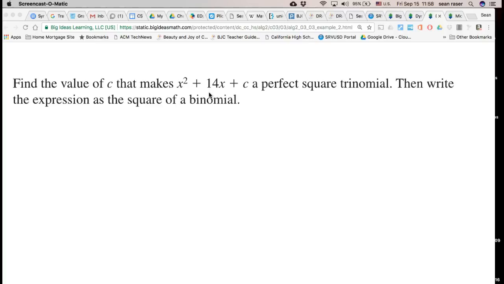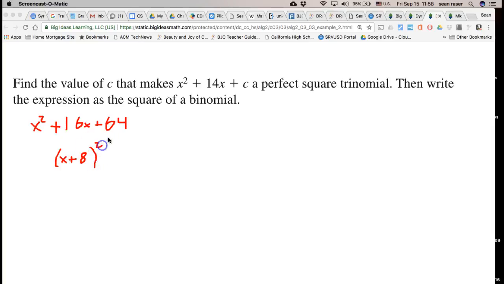If you remember some of our previous examples, like in the last video, we looked at x squared plus 16x plus 64. You noticed that 64 was a number squared, 8 squared, and this factored down to x plus 8 squared.